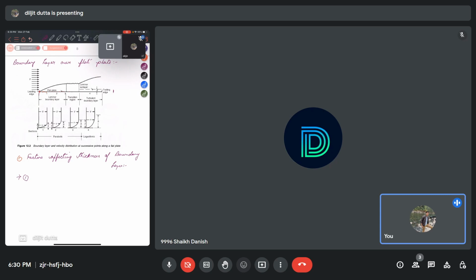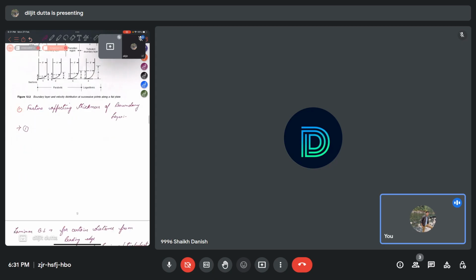Since the particles near the surface will be at rest due to the no slip condition, all these particles will impact the overall flow, due to the shear force applied on each of the layers. So as you move away from the leading edge, the effect of the boundary will be more noticed in the flow. So the first factor is distance from the leading edge.